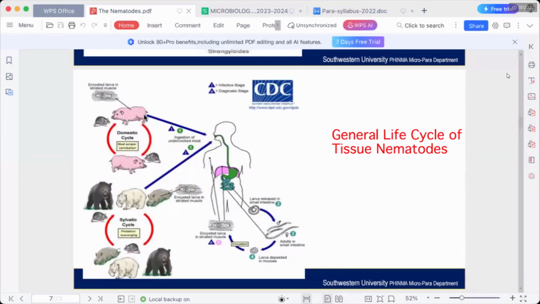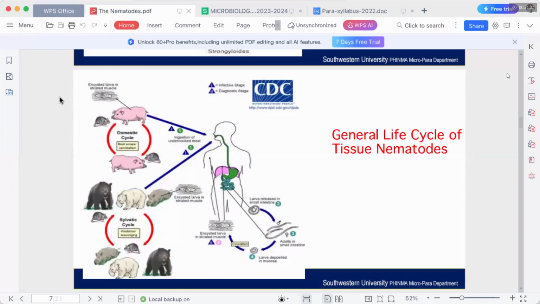An example is the animals that we commonly eat: of course the pig, sometimes the cattle, sometimes other animals, the boar in other countries. You need an intermediate host to be infected. Usually, the human will be infected by ingestion of undercooked meat. Okay? So always remember that: tissue nematodes, undercooked meat.